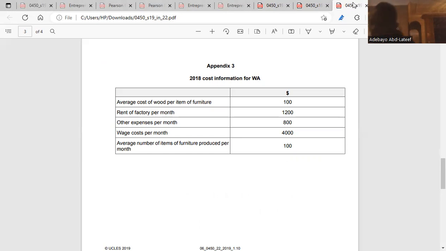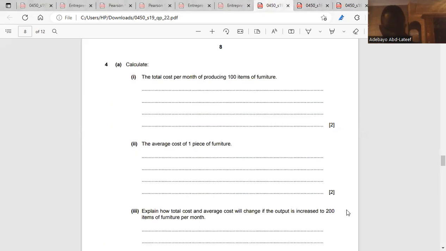Part of the total cost is the fixed and the variable cost. So here I'm going to say the total cost will increase because the variable costs have increased. Do you get that? And the average cost will also increase?